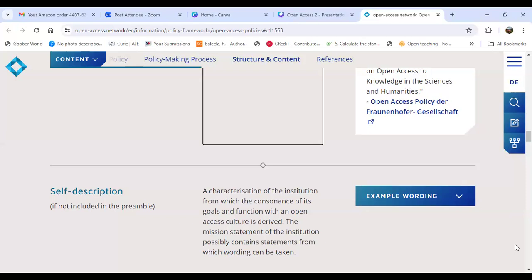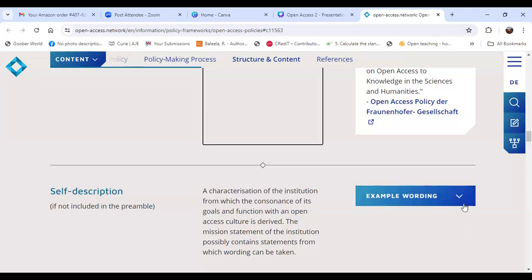And this means basically what is the mission of the institution. So it characterizes the institution from which the constants of its goals and function with an open access culture is derived. The mission statement of the institution possibly contains statements from which wording can be taken.